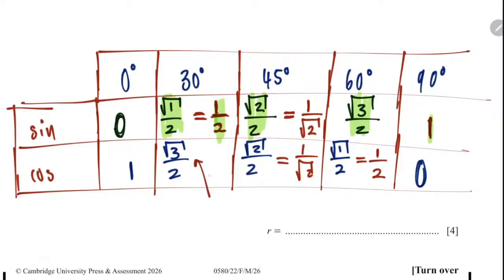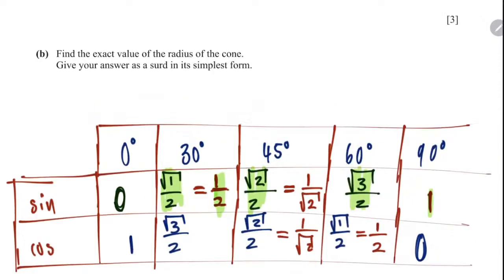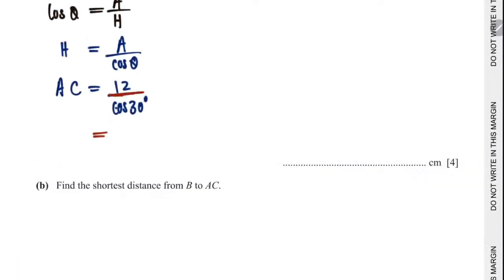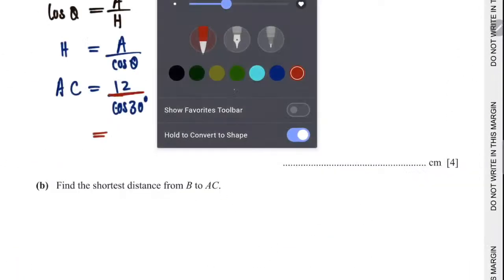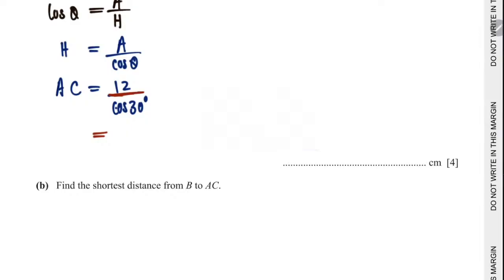All right, so you could say this is going to be 12 divided by root 3 over 2. When you go to the table, you see this. If it's 12 divided by root 3 over 2, what does it become?